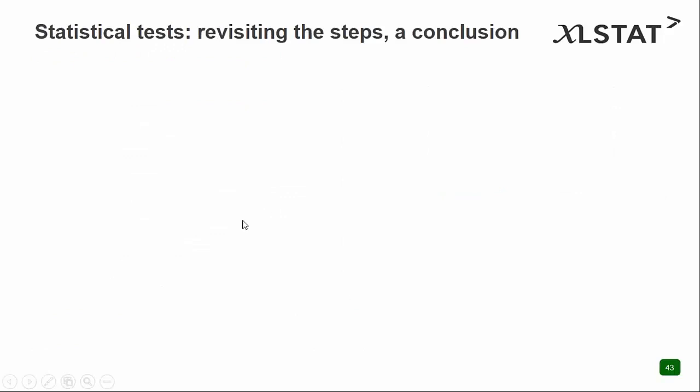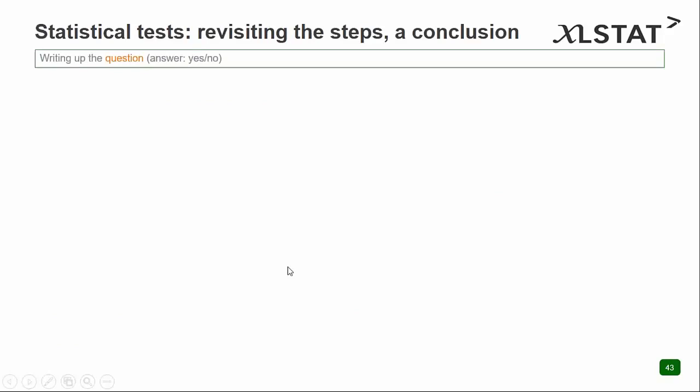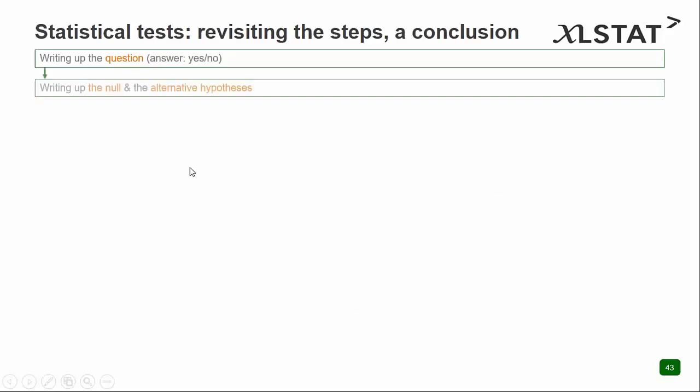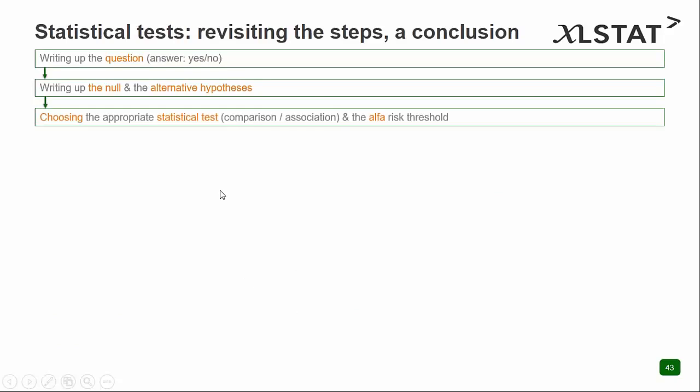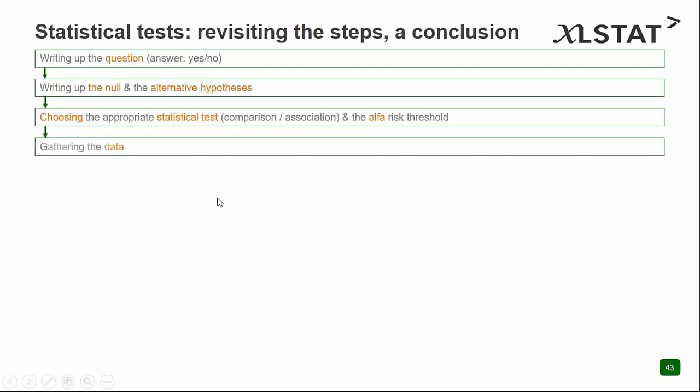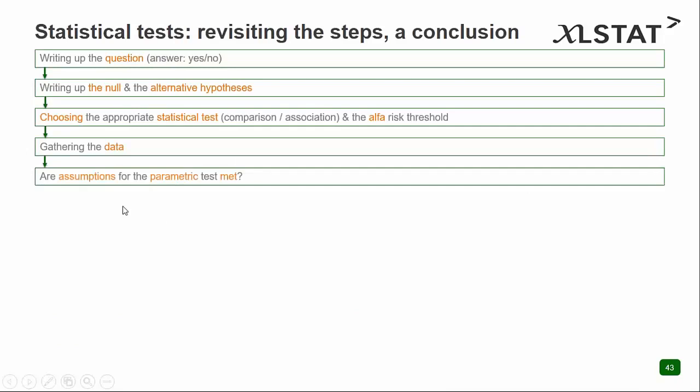So here we revisit the steps I showed you earlier and we draw a conclusion. We usually start with writing up the question. Then from the question we write the null and the alternative hypothesis. From this we choose an appropriate statistical test and an alpha risk threshold. We gather the data.